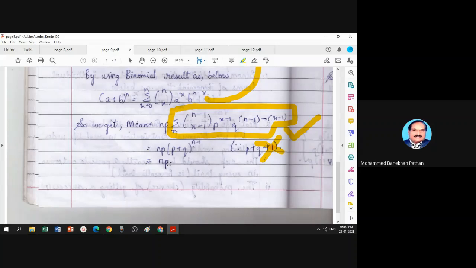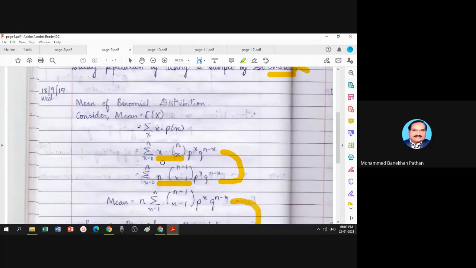And that is why I said from the beginning, today's topic is a generalization of yesterday's Bernoulli distribution. So the Bernoulli distribution has mean p and the binomial distribution has mean n times p, where n stands for the number of trials.